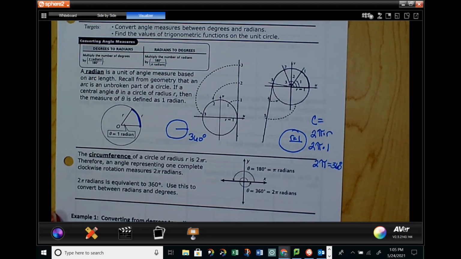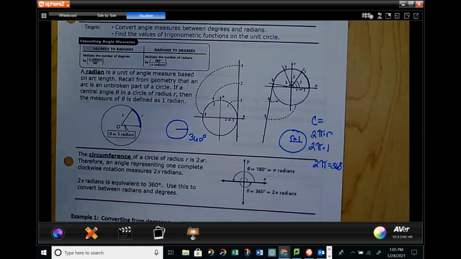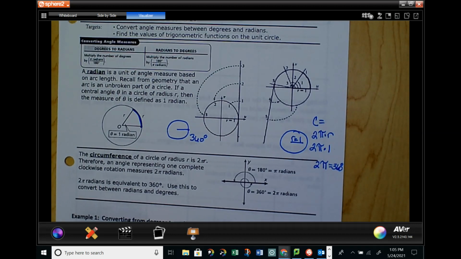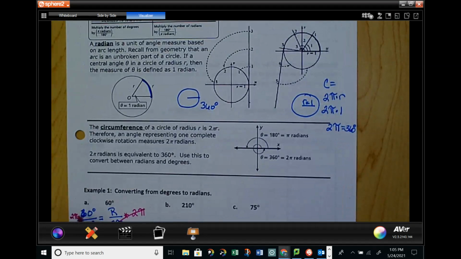They're equivalent to each other. Then we multiply by 2 pi on both sides, so that cancels out.